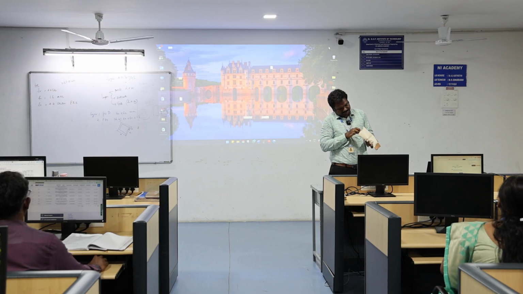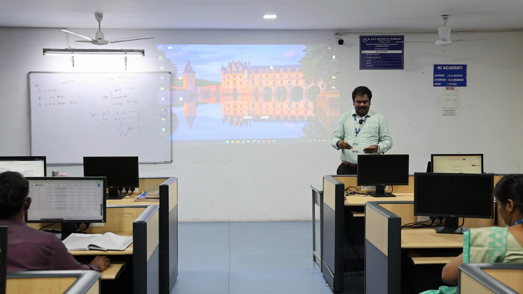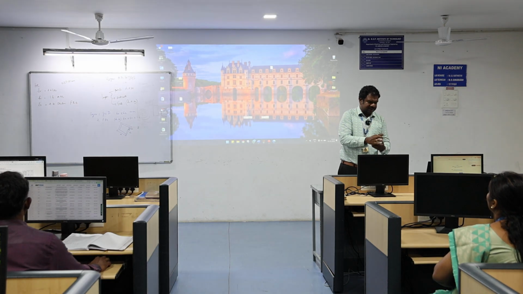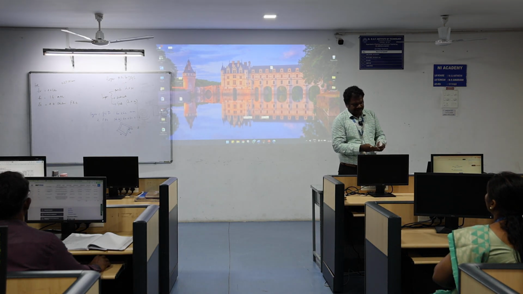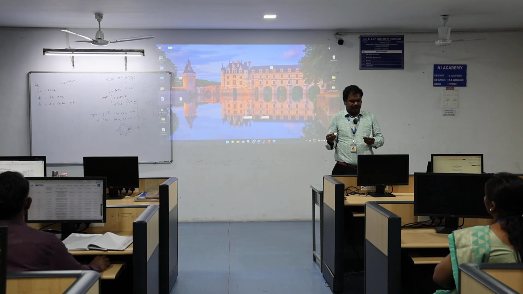I showed the published paper. Such an antenna has a defective ground structure, and it is a fractal antenna. Our purpose in designing this antenna is improving the wideband frequency.